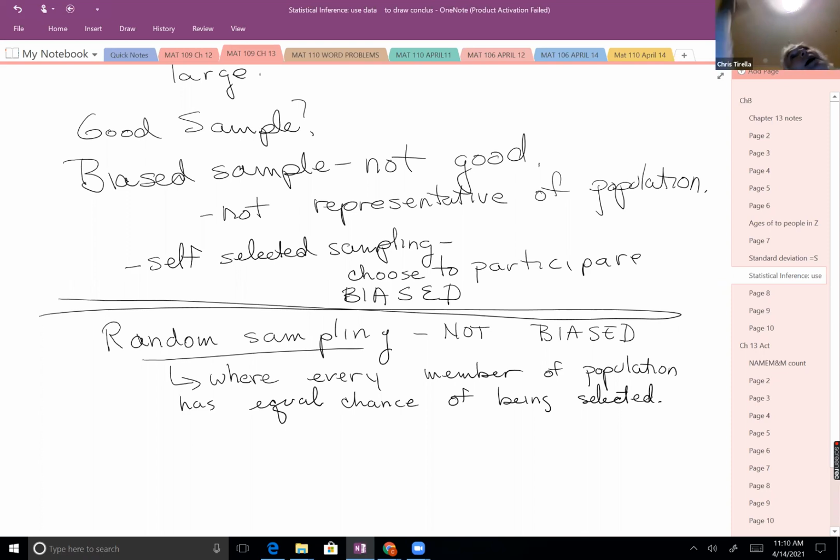Instead, if I had a list of all of the names and I wanted 200 names, I might pick a random spot on the list, and then from there, take every 30th person until I got my 200 names.